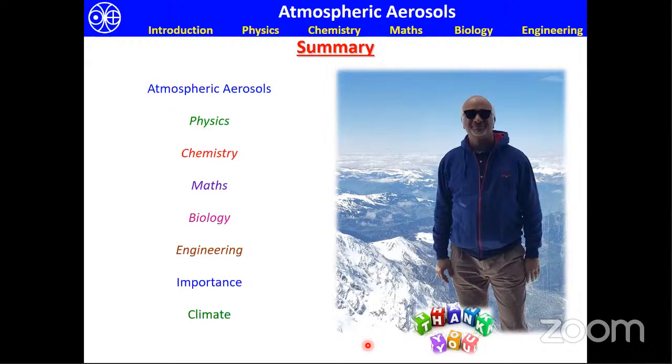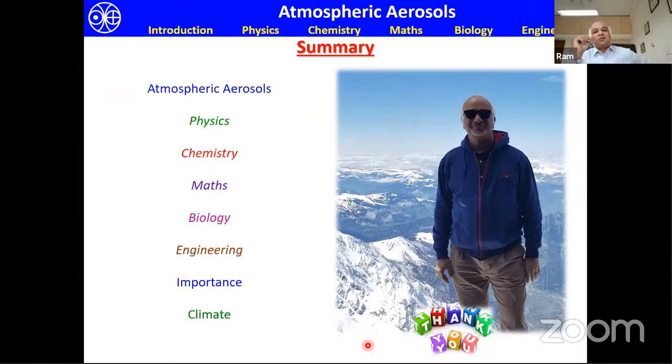Sir, you said during a volcanic eruption, the temperature in the stratosphere increases. Why is that? Because the sulfate aerosols will absorb the outgoing longwave radiation. If you remember, the single scattering albedo of any species is also a function of the wavelength.